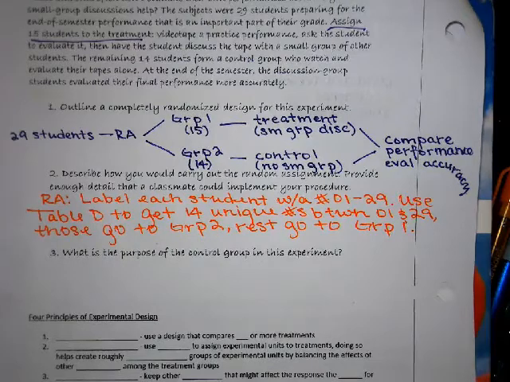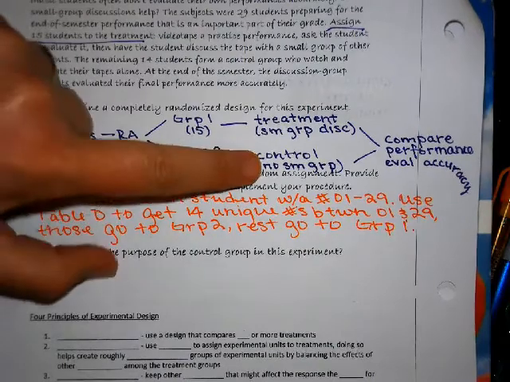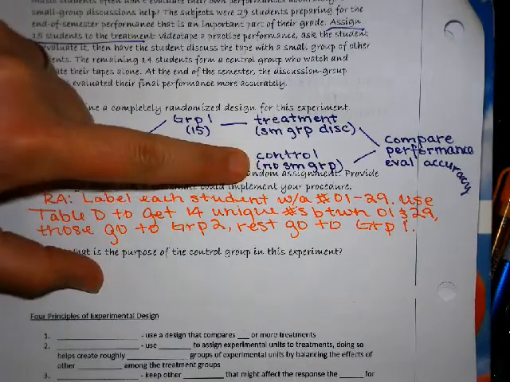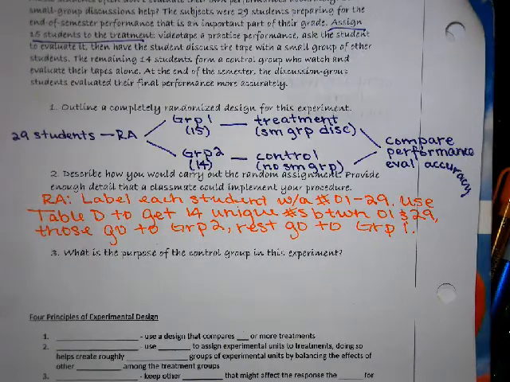So the control group watches their video by themselves, gives themselves their grade, and then the teacher grades them, and we compare the kids in the control group who did it by themselves, no small group discussion, to see how their score compared to the score they actually got.